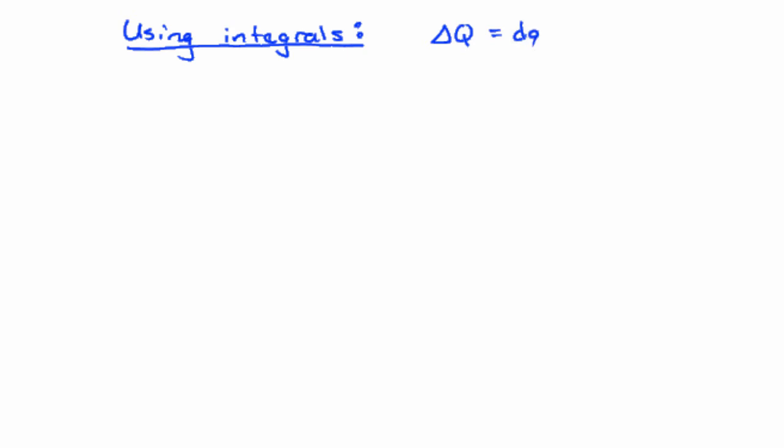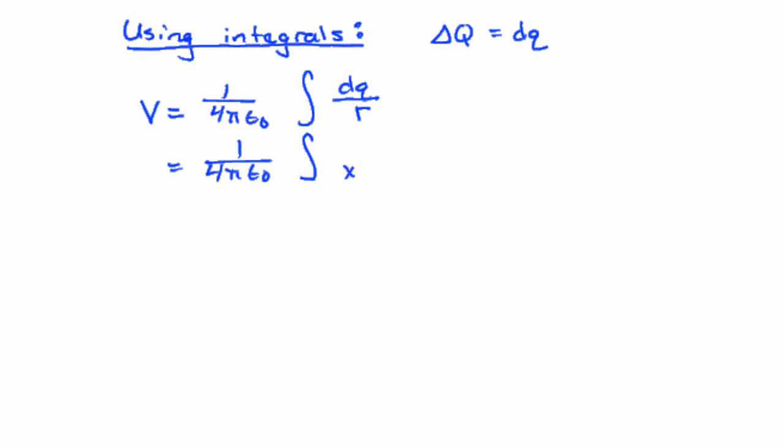My total potential will be the same constant in front times the integral of dq over r, where r is the distance between point P and any segment on my ring. I'll plug in for r, which is the same as our r sub i before when we did this with sums.